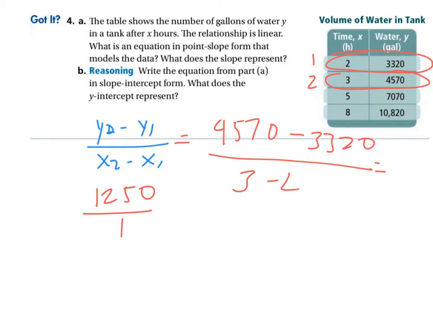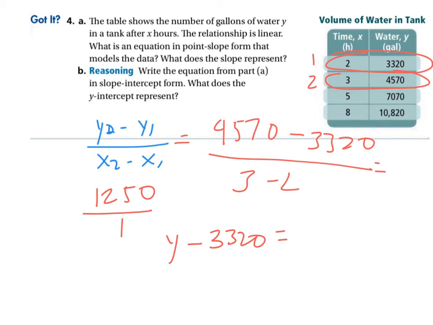So next step then is put it in point-slope form. It doesn't matter what point you pick. Any of these 4 would be just fine. So we're going to pick the 2 and 3,320. So we have y minus 3,320. I'm sorry, 2 and then 3,320. I said it backwards, didn't I?